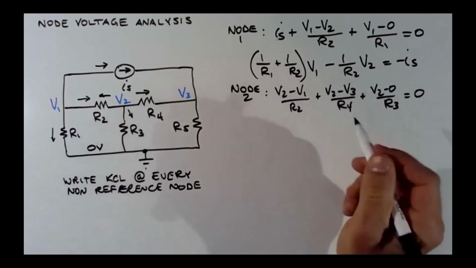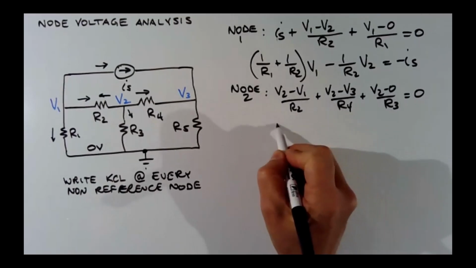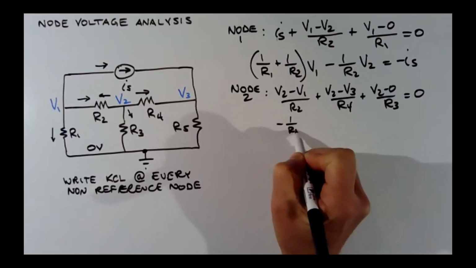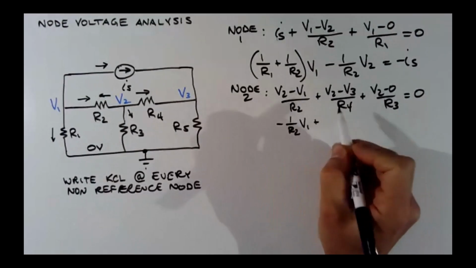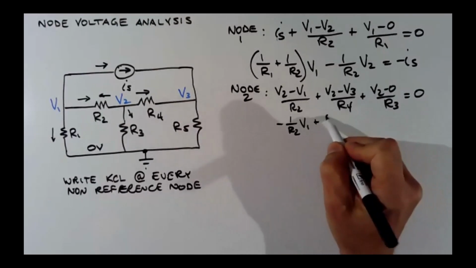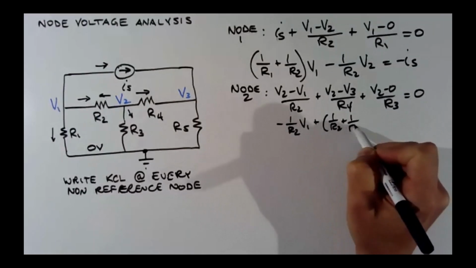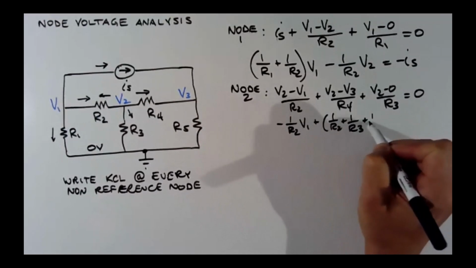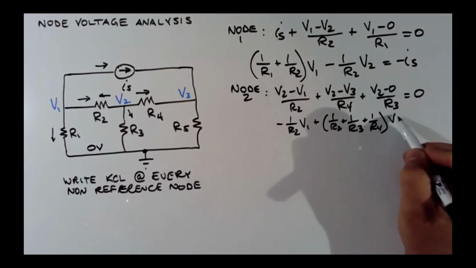Sum those currents leaving, set them equal to 0. So I get another equation. The coefficient of V1 is minus 1 over R2. The coefficient of V2 is 1 over R2 plus 1 over R3 plus 1 over R4. All right, so that's the coefficient of V2.